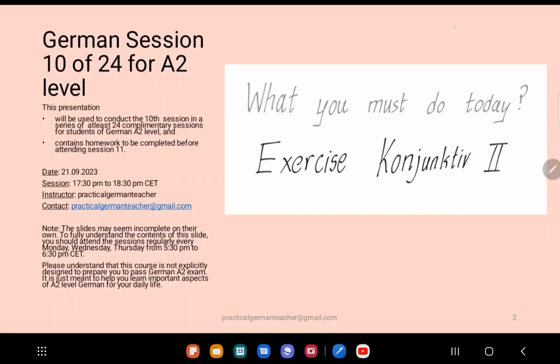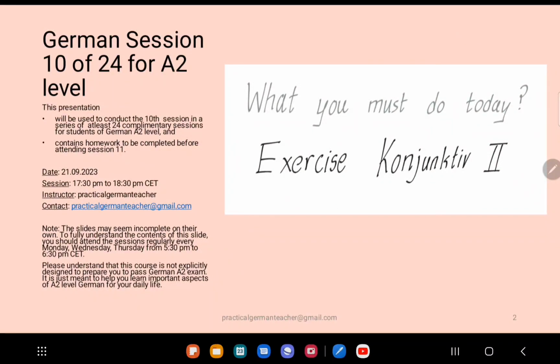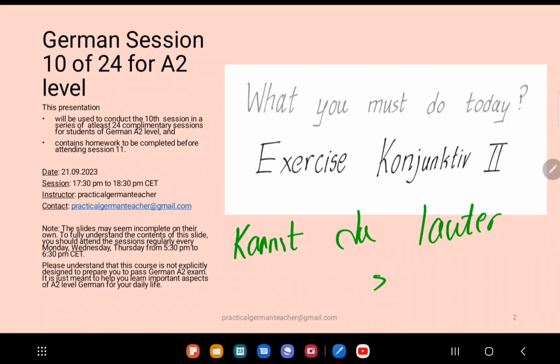The other situation is when you are making a request and you want to be more polite. Let's say you want to say, can you please give me the book: kannst du mir das Buch geben? Or if you want to say can you speak louder, you can say kannst du lauter sprechen, but this doesn't sound that polite.